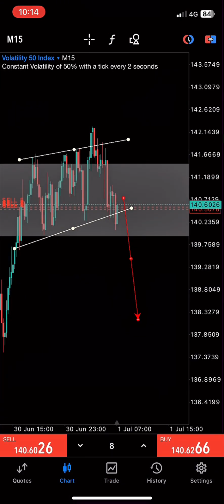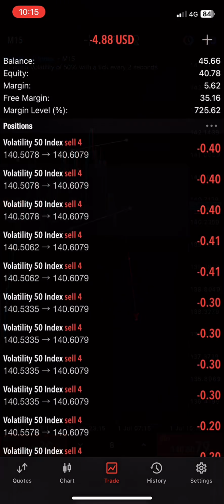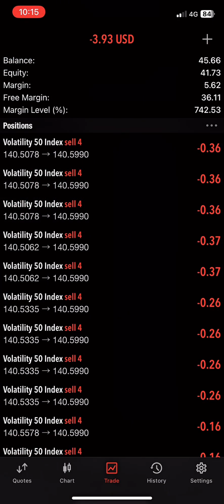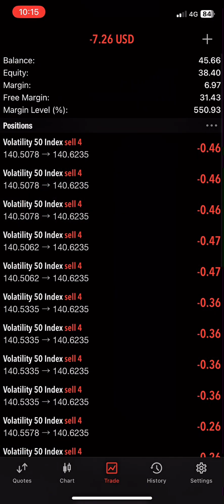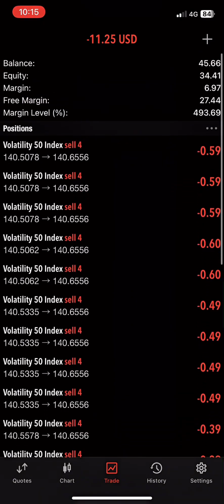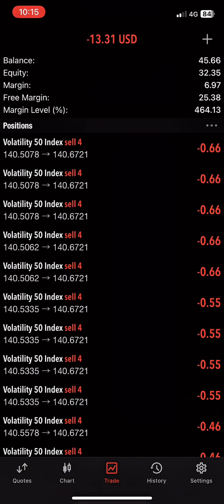So after we've placed our trade, we'll wait for price to do what it does. Let's get it at least to 6, like I said. So I think at that point I'll let the trade play out and see what happens next.